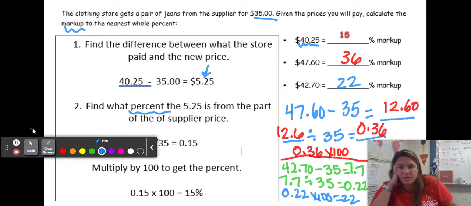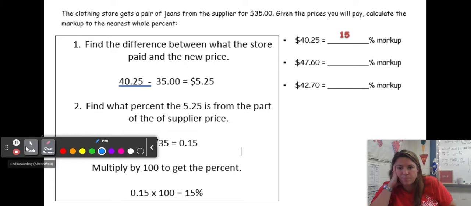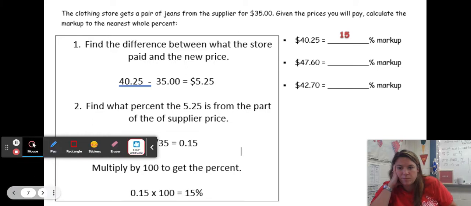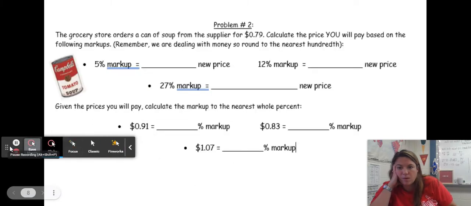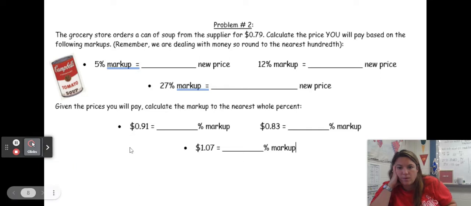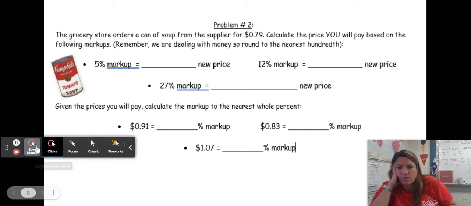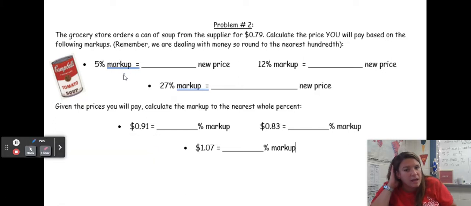All right, let's try a couple of examples together. So we have a can of soup that the grocery store buys from the supplier for 79 cents. And we want to calculate the price you'll pay if the store wants a 5% markup.